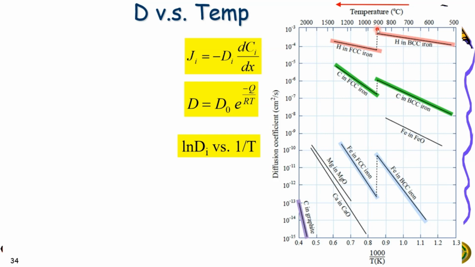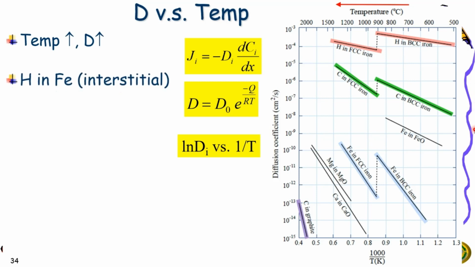Temperature increases, diffusion coefficient increases, diffusion increases. This is the example. All the lines increase from the right to the left because temperature increases.